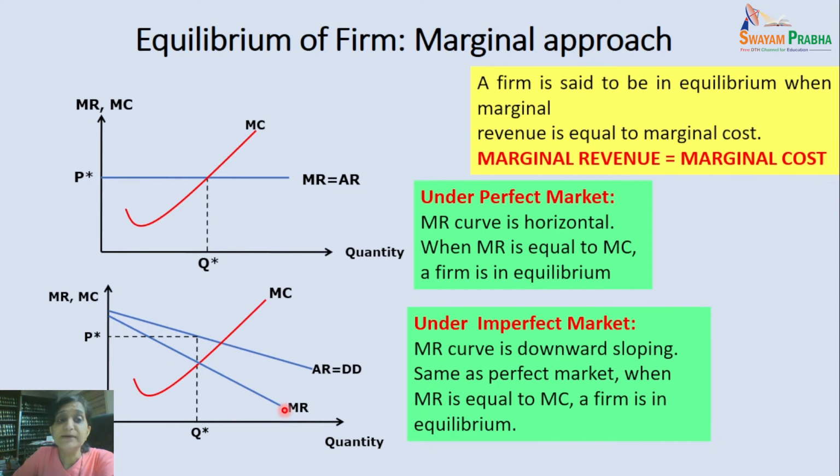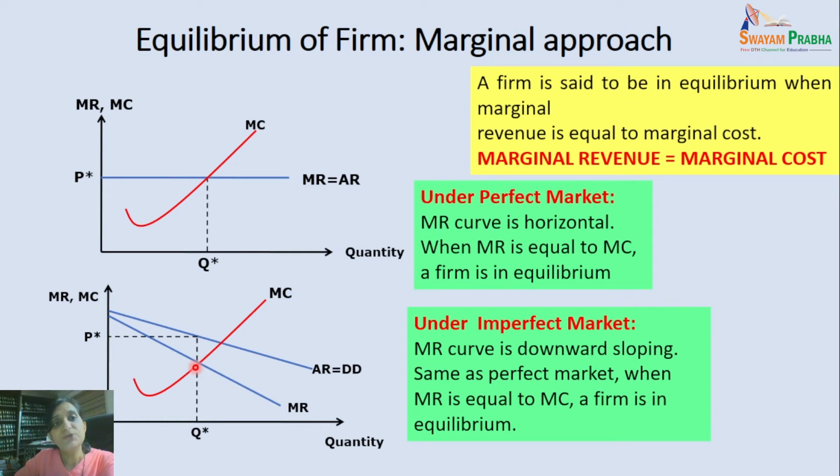But whether it is a perfect market or an imperfect market, the conditions for the firm's equilibrium remain the same. That is, MR should be equal to MC. What we see here is that MR is equal to MC at the point of Q star, and the firm is selling the product at P star. Again, you see after Q star, MC is rising. So, two things we have to understand when we talk about equilibrium of the firm.